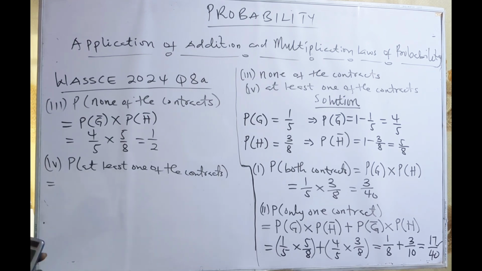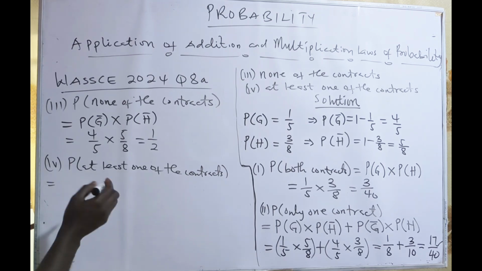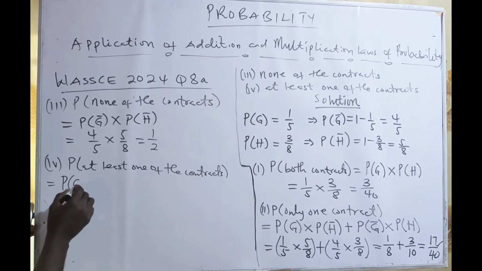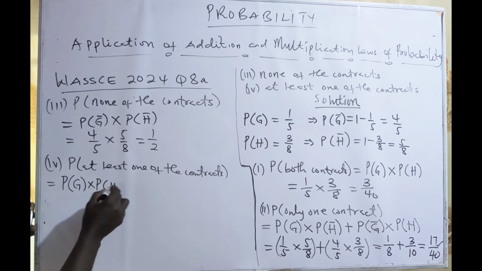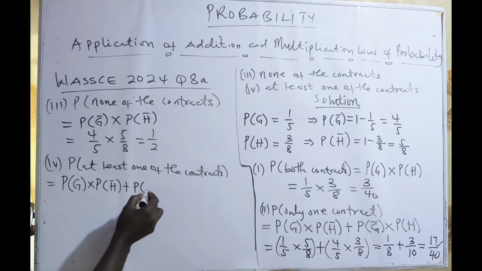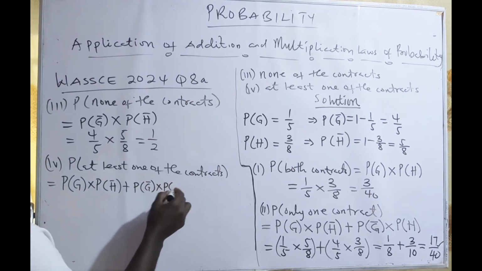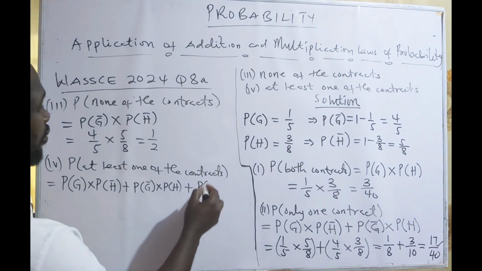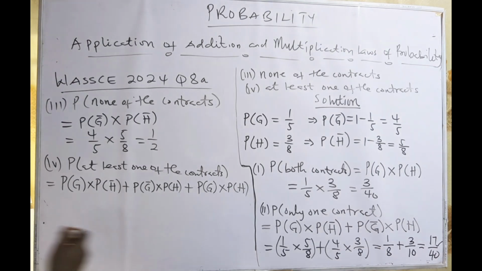If the company wins one, the company will win J and not win H, or the company will win H and not win J, or the company will win both J and then H.